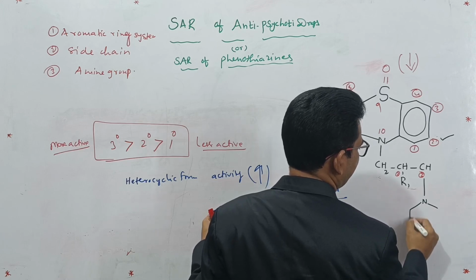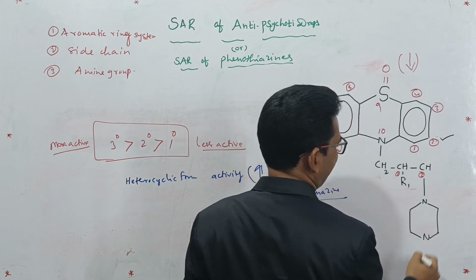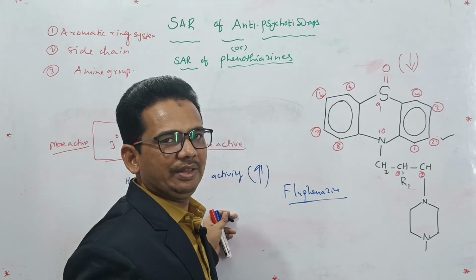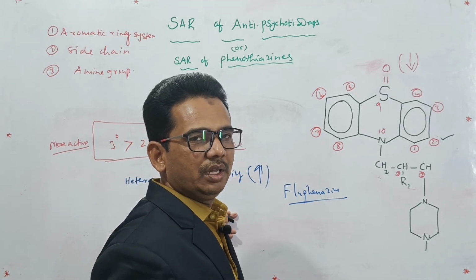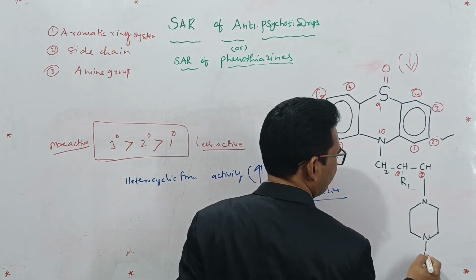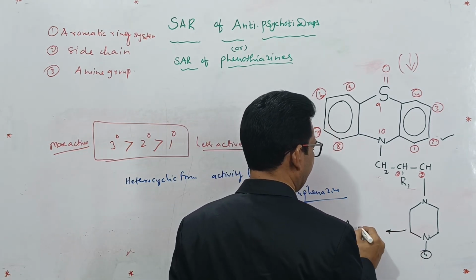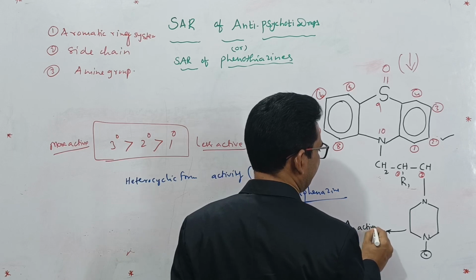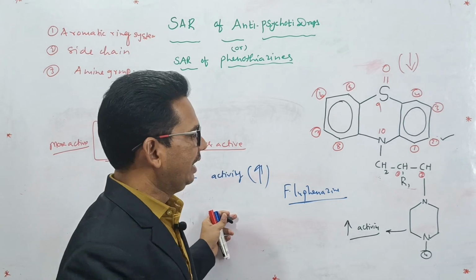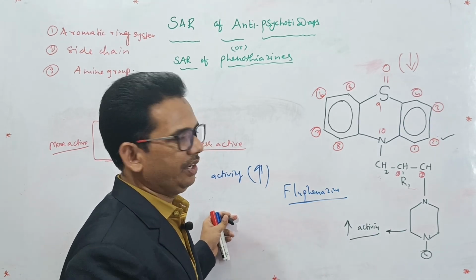When it is cyclized here like this in the hetero form, like piperazine, the para position will have a group like ethyl alcohol or methyl alcohol, at this fourth position only. Then the activity is going to increase. Which activity? Antipsychotic activity, especially when the side chain tertiary nitrogen is cyclized into the hetero form.